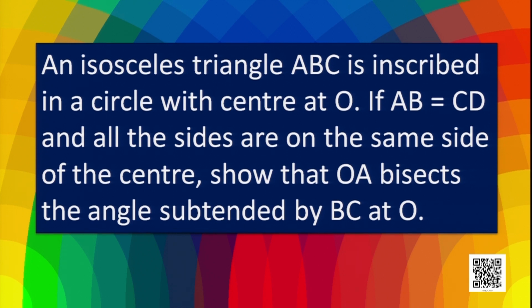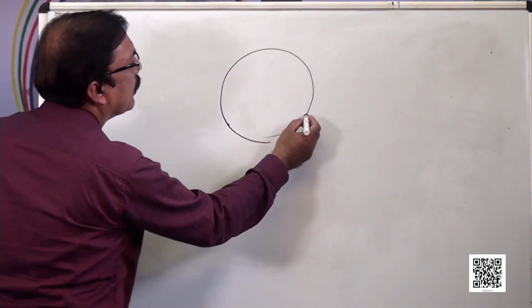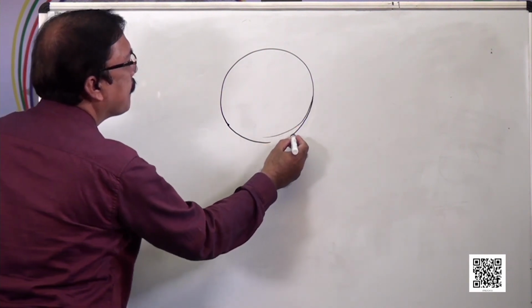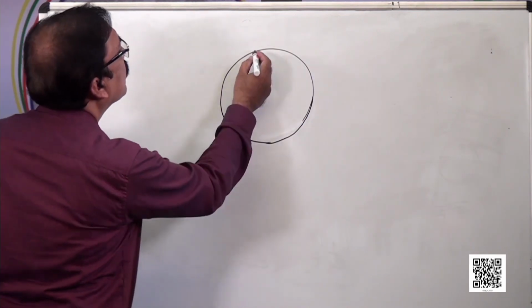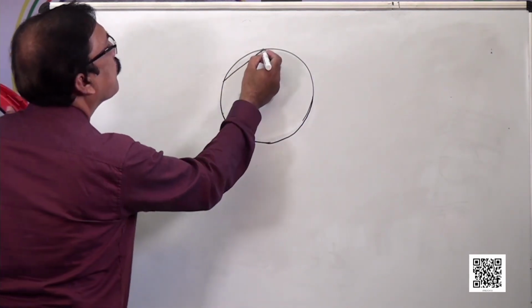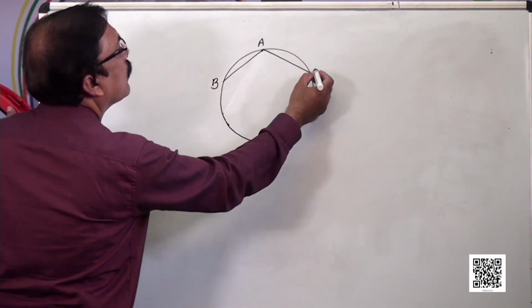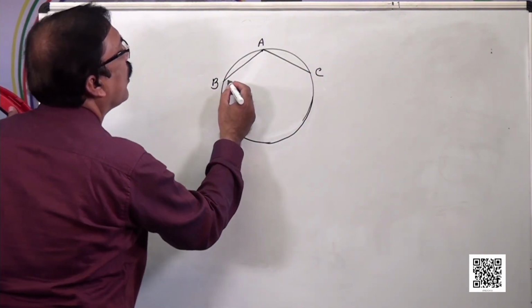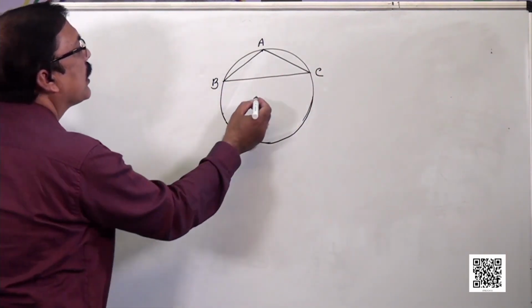So let's draw a circle, and the triangle is inscribed in it such that AB and AC are equal, and BC is the third side.